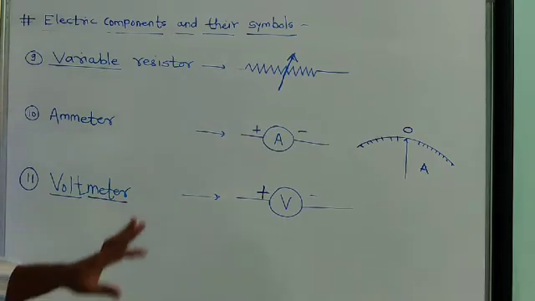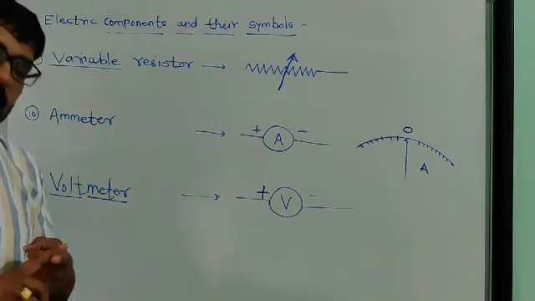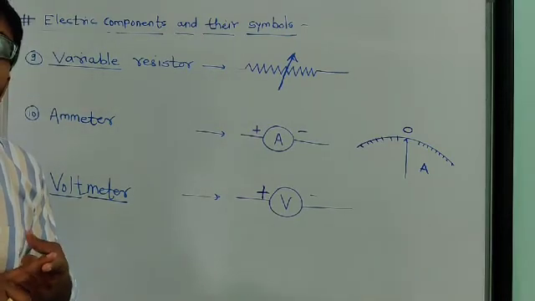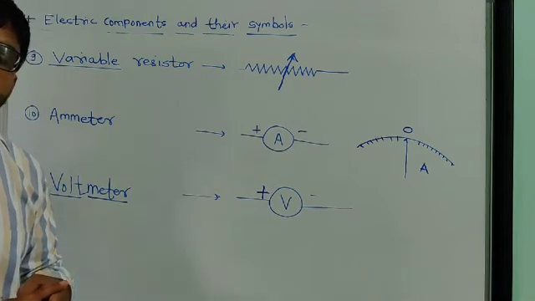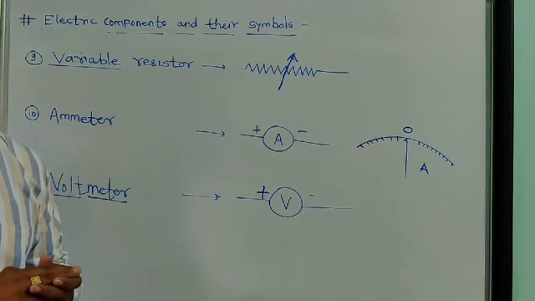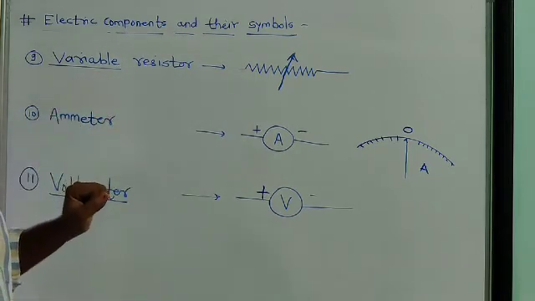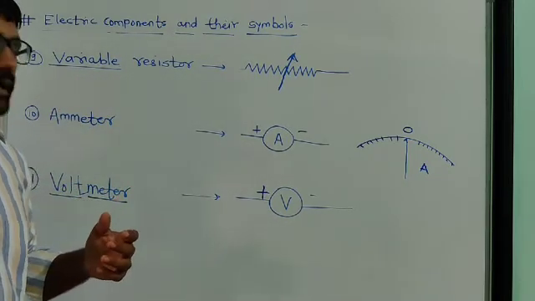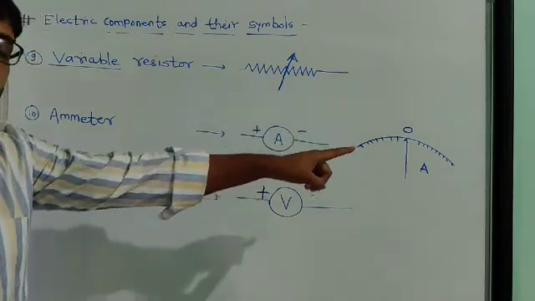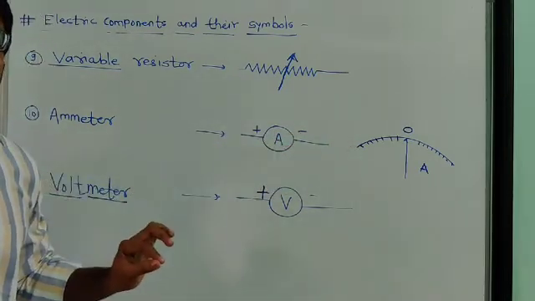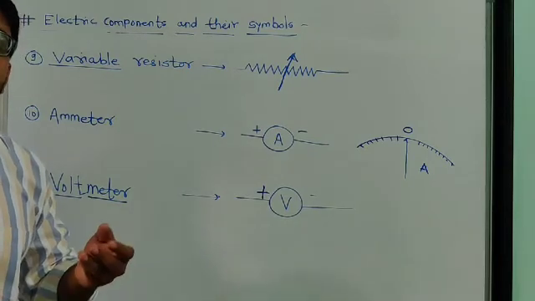What is important is that you remember the name of the component, the symbol of the component, and the use of the component. Those three are the main important parts. If I say ammeter, you have to draw its symbol, and you should know its use: an ammeter is used to measure electric current.